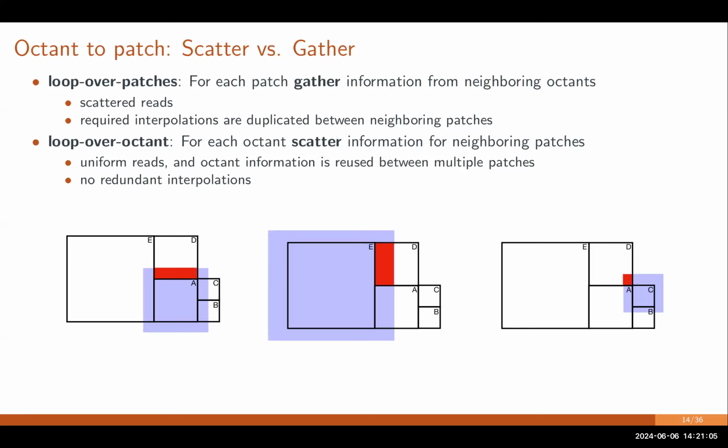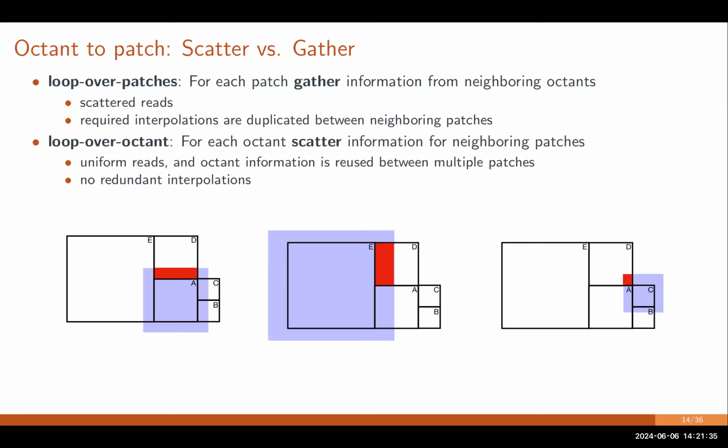The other approach is to loop over the octants. For a given cell, most of its nodes are going to sit contiguously, so you will get uniform reads. Most importantly, the octant information is reused between multiple patches, and there are no redundant interpolations.